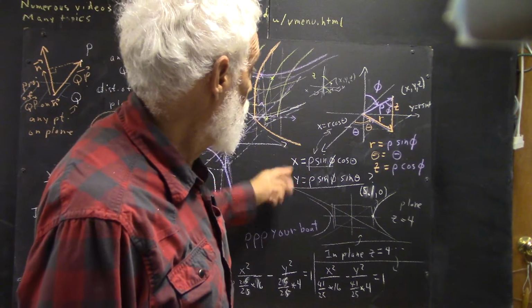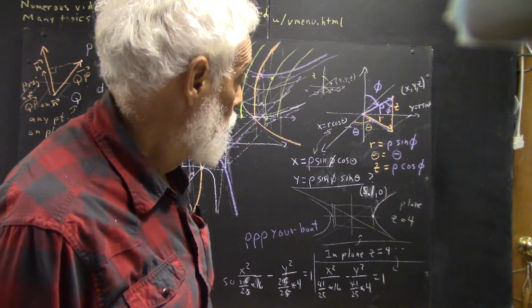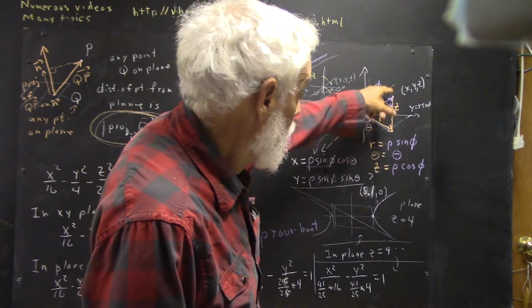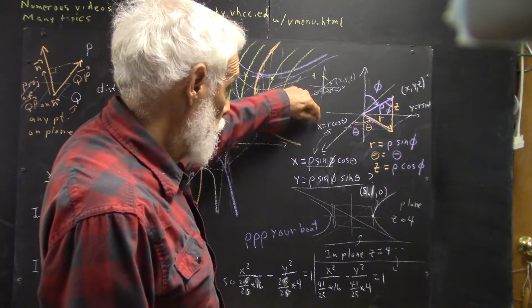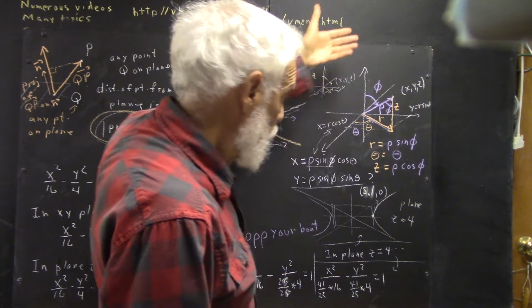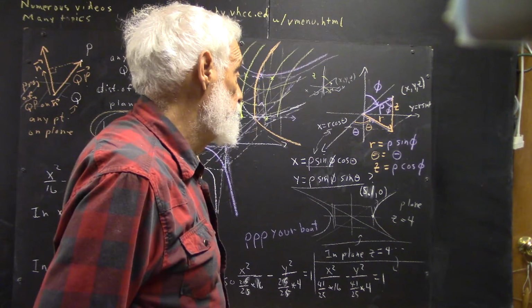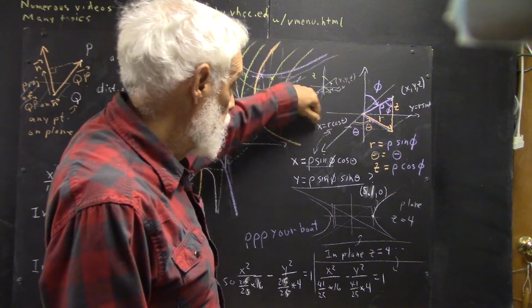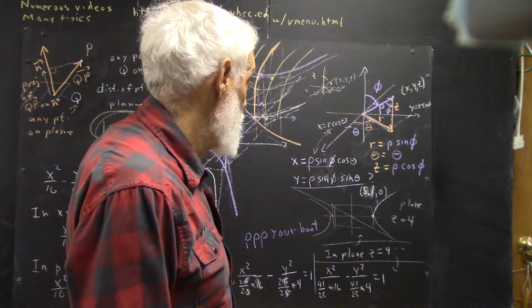Now, to get the x, y, and z coordinates, we've already got the relationships for the x, y, and z coordinates in terms of the cylindrical coordinates. x is r cosine theta.